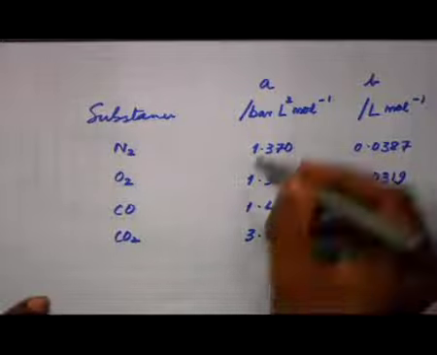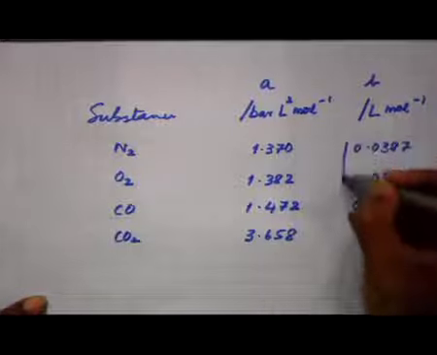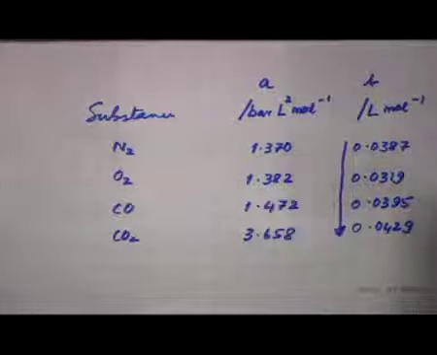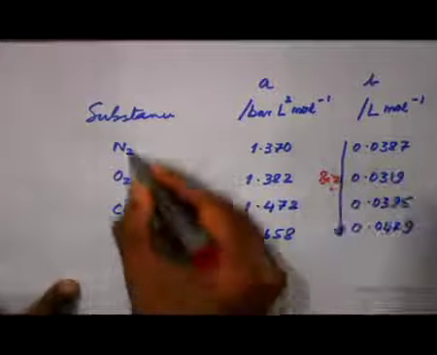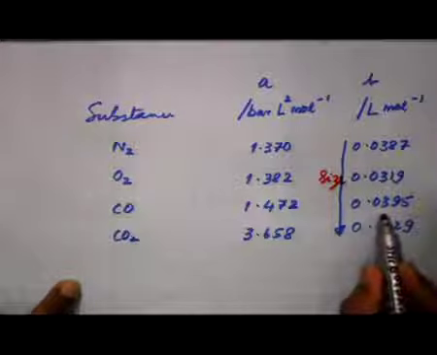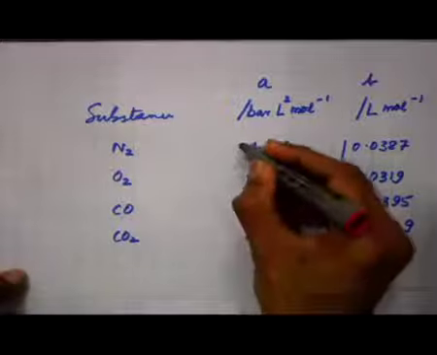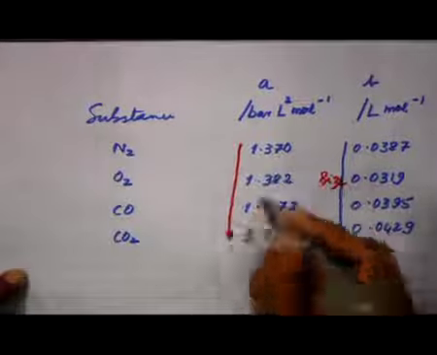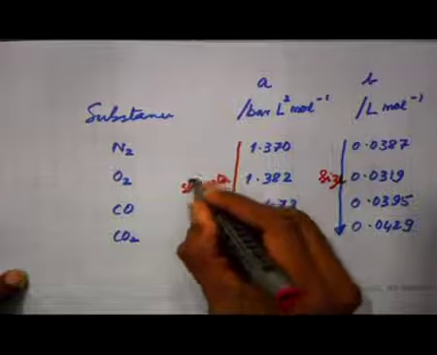You see the variation typically that we have observed. B characterizes the size. Larger the molecule, as you go down, larger this value of B is, and A characterizes in some sense, vaguely, the strength of the intermolecular interaction.